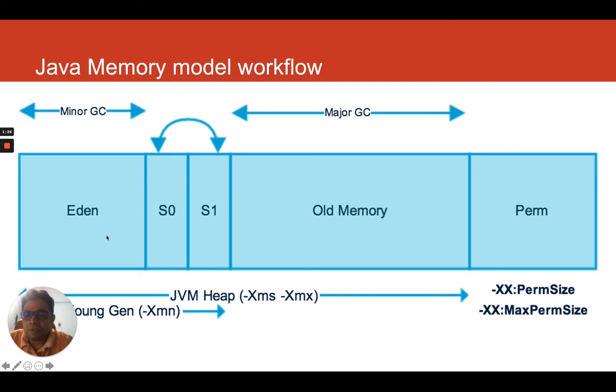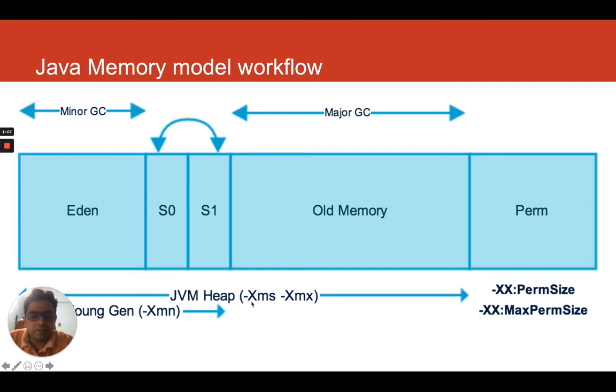So you can see here from Eden to survivor to old memory. Garbage collection also happens at two layers, minor and major. Minor garbage collection happens at Eden, and major when we clear the old memory and PermGen.